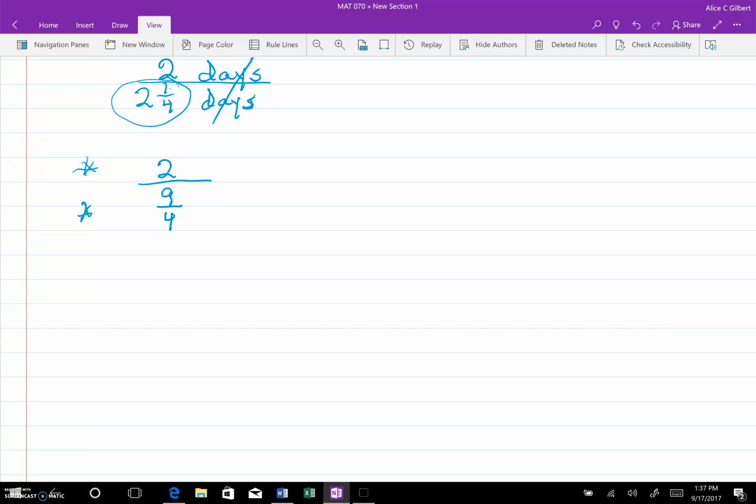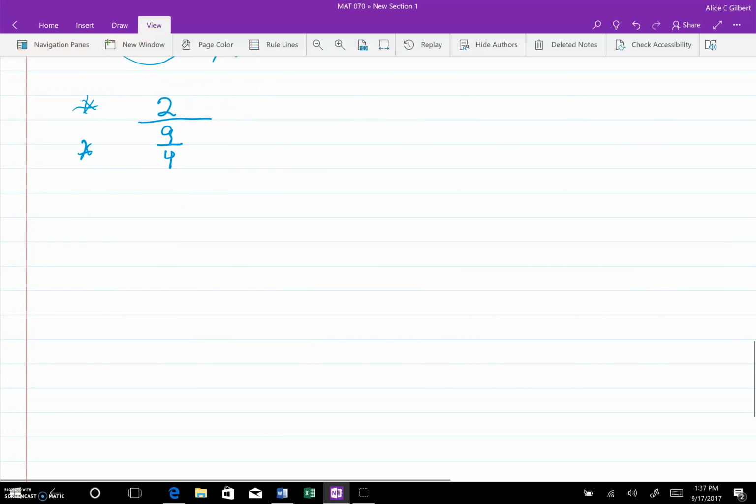Remember the top, in order to turn it into a fraction, is 2 over 1. Copy the top one exactly like it is. Dot, change the divide to multiply. Flip the bottom one, so I'd have 4 over 9. And then there's nothing I can cross cancel, so 2 times 4 is 8, and 1 times 9 is 9, and I can't reduce that. And that's my actual comparison. Okay?